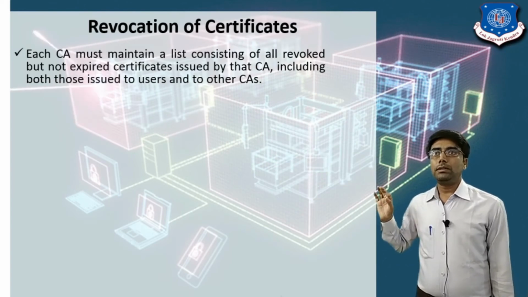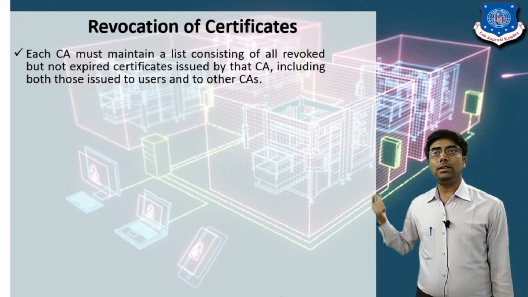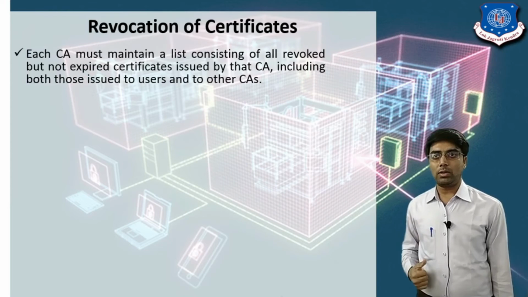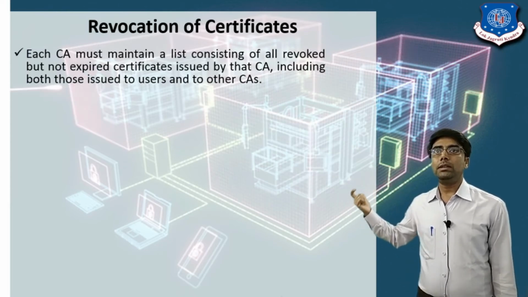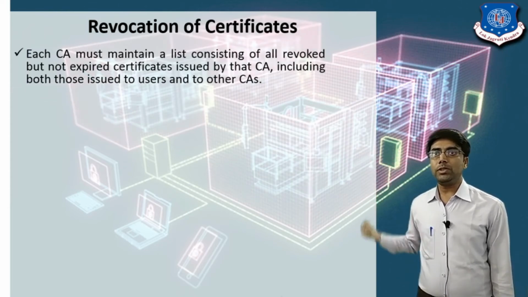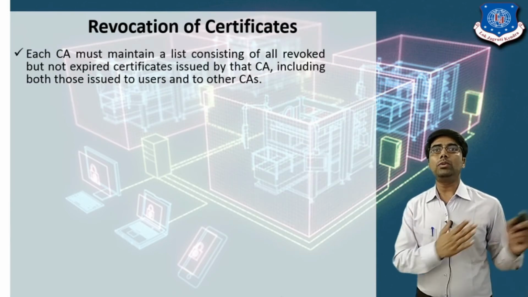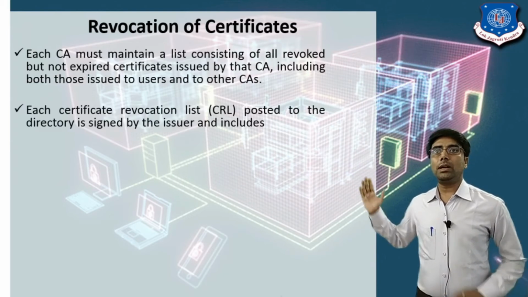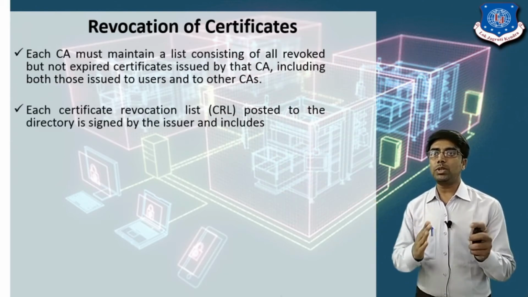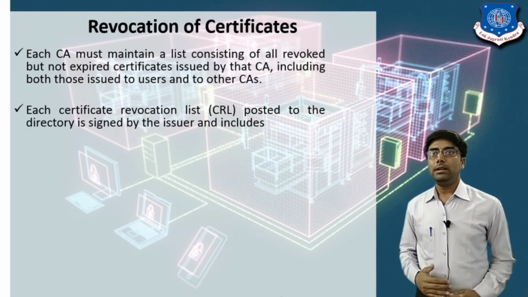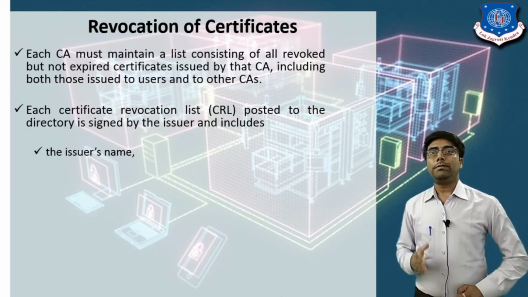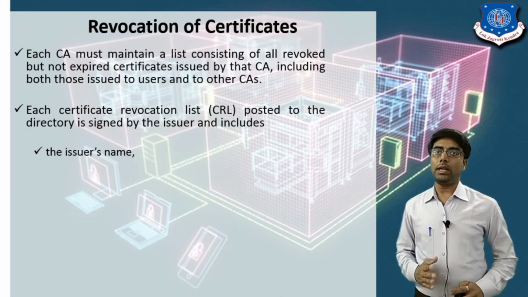The certificate authority doesn't maintain a list of the expired certificates that it issued, and it includes those certificates issued to users and to other certificate authorities. Each certificate revocation list posted to the directory is signed by the issuer, and it includes the following fields.